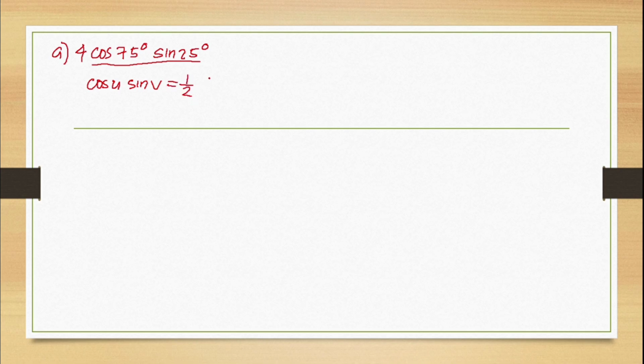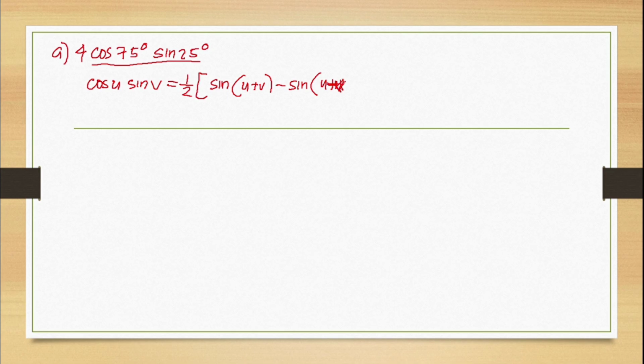In letter A, we have 4 cosine of 75 degrees and sine 25 degrees. This is in the form of cos u and sine v, which is equal to 1/2 the quantity of sine (u plus v) minus sine (u minus v).